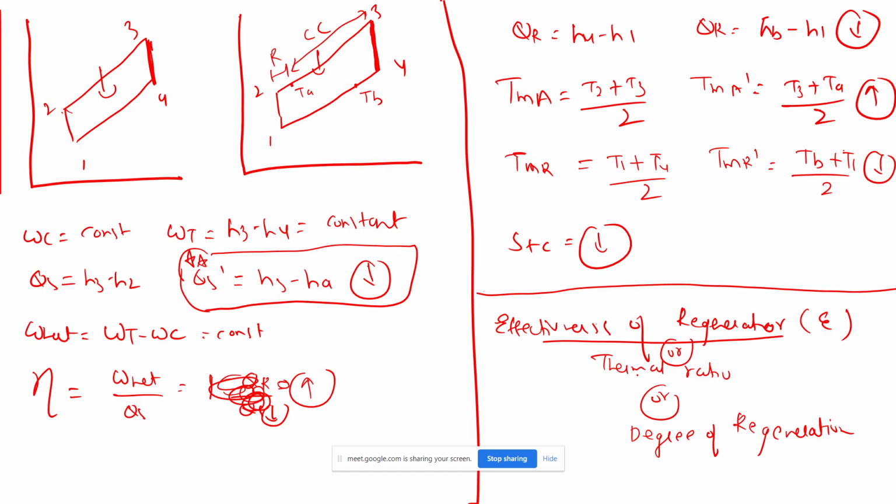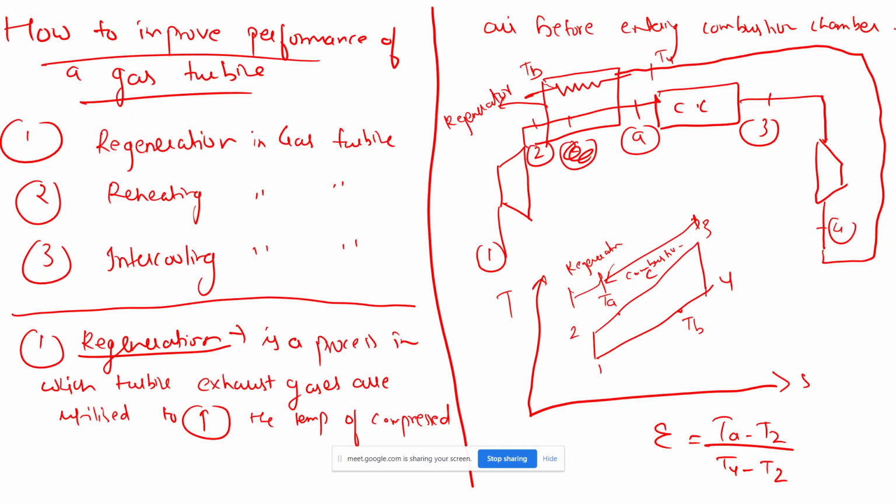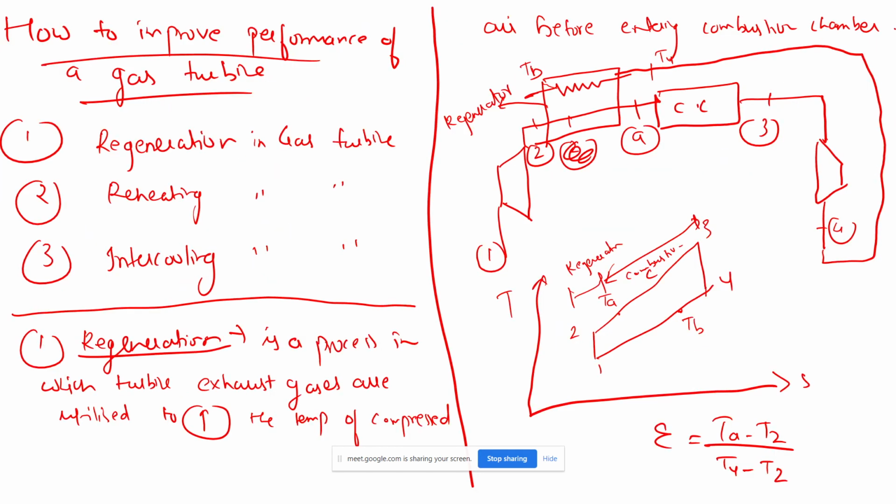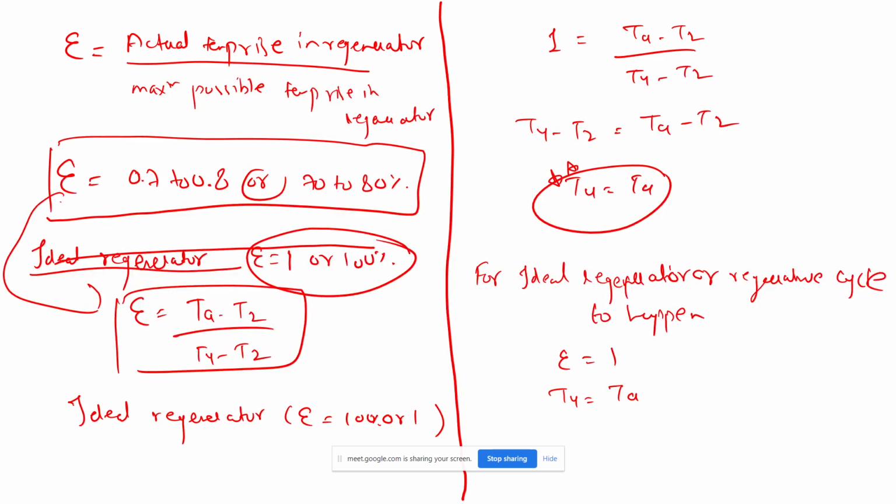This T4 which we are talking about here should be equal to Ta. And another term that should be equal: Tb equals T2. These three are important.